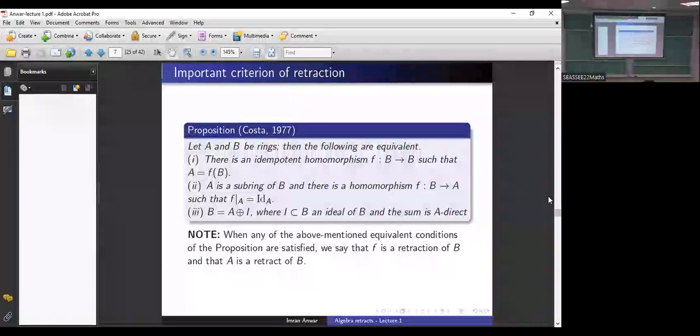F square is equal to F, the idempotent condition. So that is quite a cheap result, I would say. So you can think of, you start from A to B, but you are moving in this particular way.